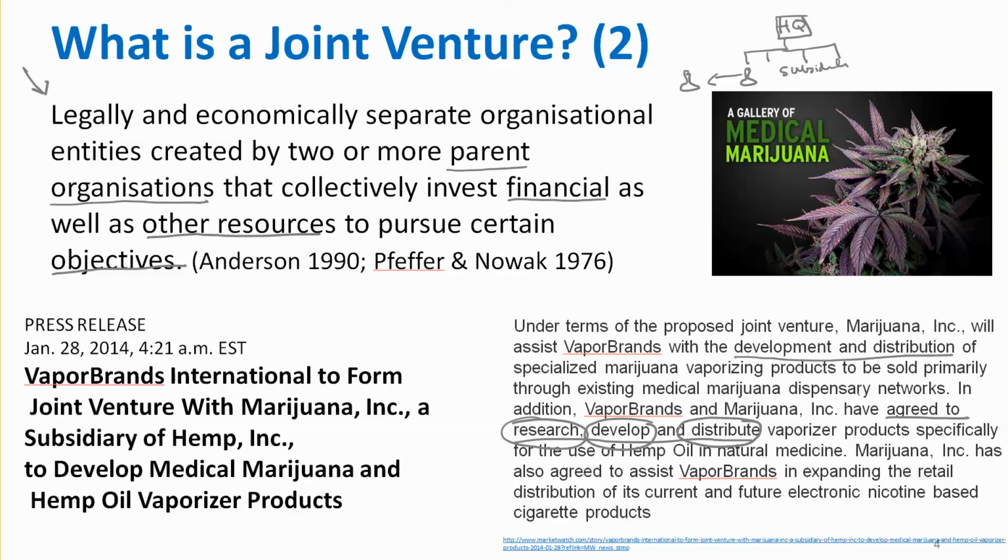And further, they're looking to expand retail distribution in terms of other products as well. So at this stage, I'd like to just pause and think about the characteristics of international joint ventures.